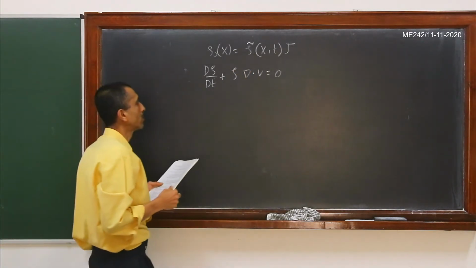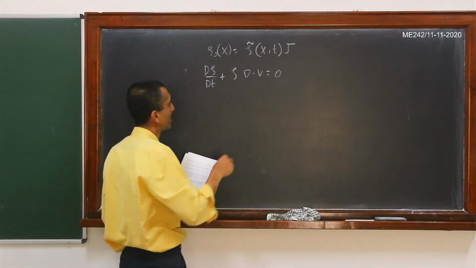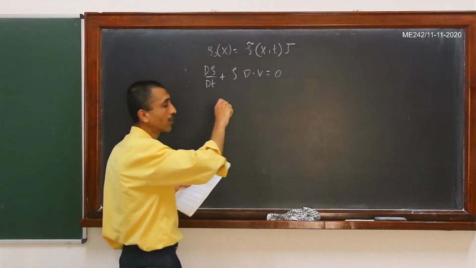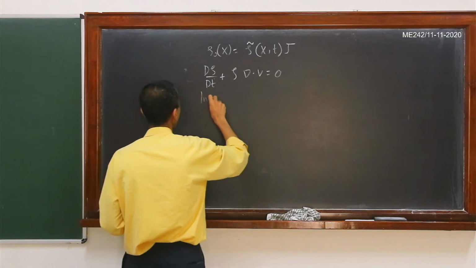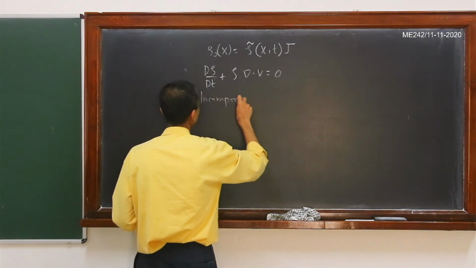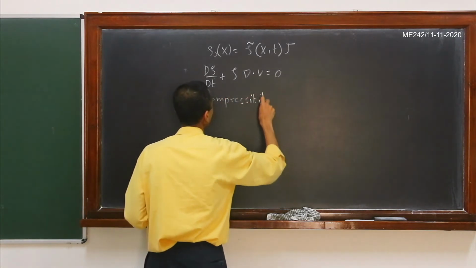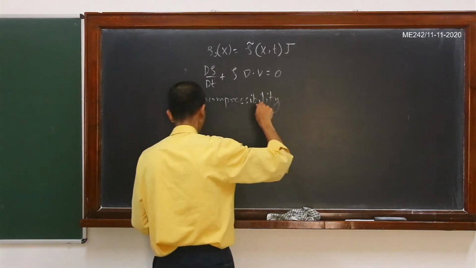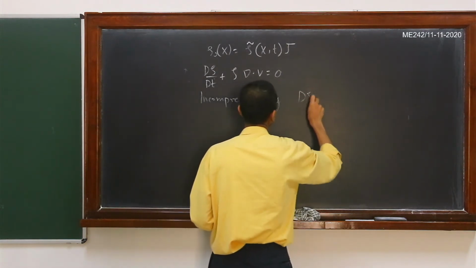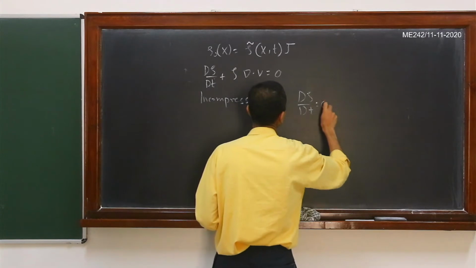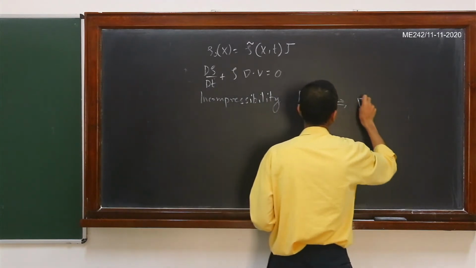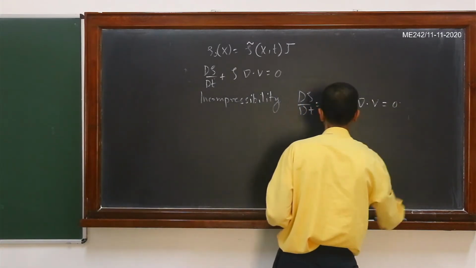And we also said that the correct condition for incompressibility, the incompressibility condition, was that d rho by dt is equal to 0, and then from this we got that del dot b was equal to 0.